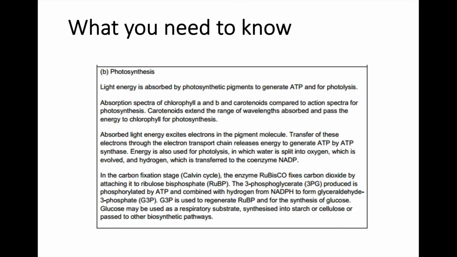So just make sure you're aware of the photosynthetic pigments, what they are, what they do, what is the point of having carotenoids. Then have a look at the comparison between the absorption spectra and the action spectra. Have a look at the different parts of the chloroplast, what happens in stage 1 light reactions, what happens in carbon fixation, and then what can you use that glucose for.